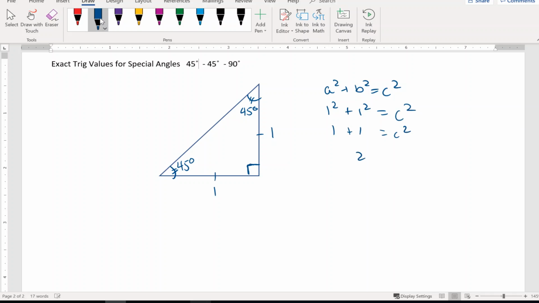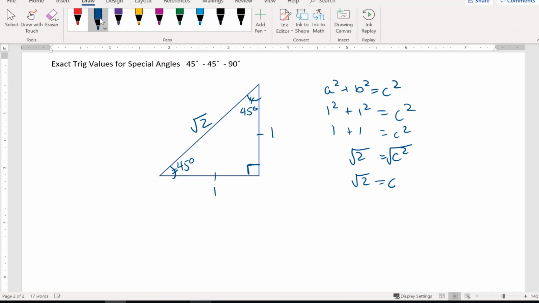So our c squared, our value for our hypotenuse, is 2, and if we take the square root of both sides, then that value is the square root of 2. So here we have the square root of 2.